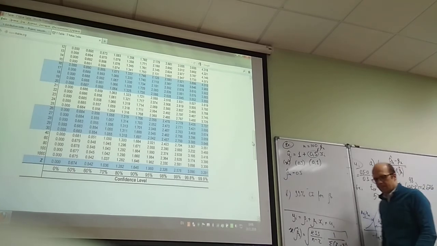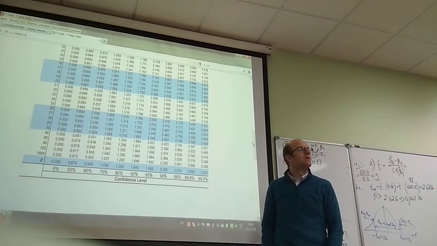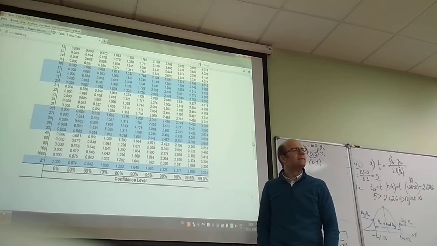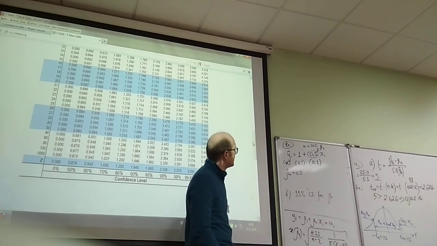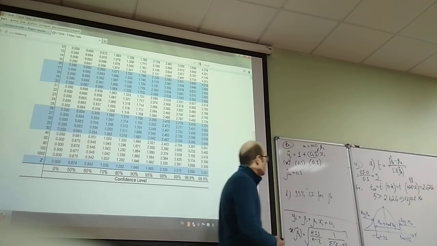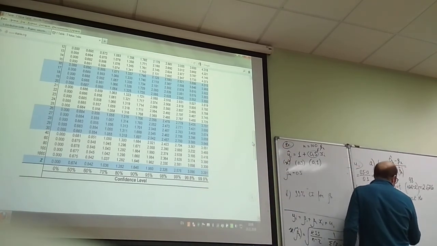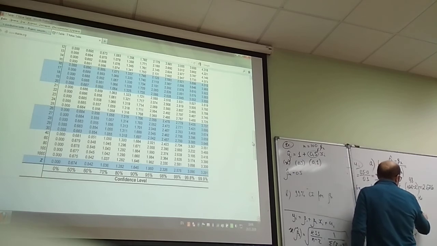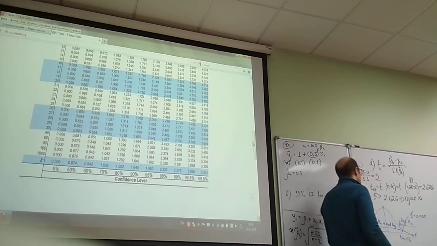Could we get alpha divided by 2? In our case, alpha was 1%. You mean this area was alpha over 2, 0.005, 0.5%.